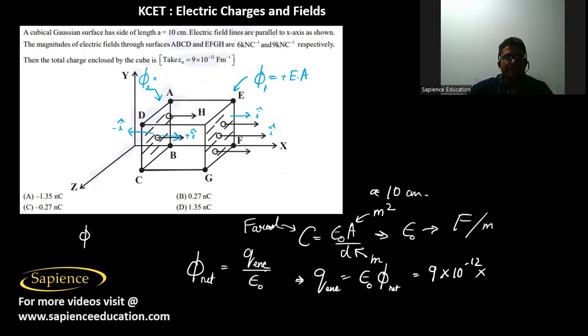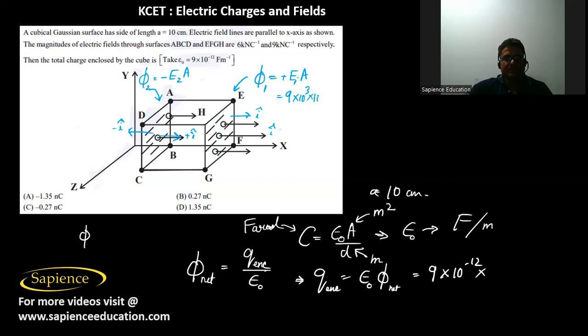So E dot A, if you do, then it will come minus E2 into A. Here it will be plus E1 into A. Here the electric field is 9 kilonewton, so 9 into 10 power 3 into area, which is A square, since each face is a square, since it is a cubical Gaussian surface.